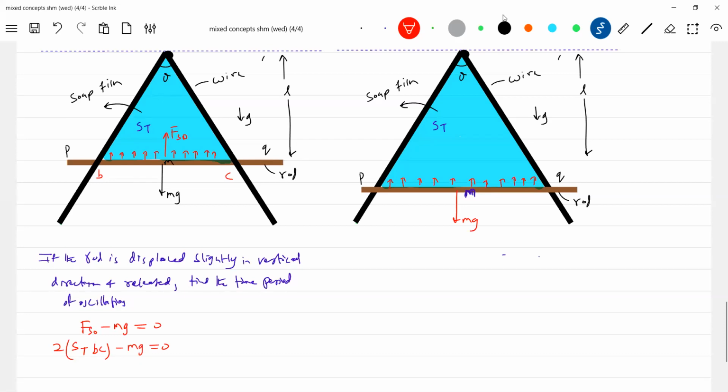Or I'll write L naught, or length x naught. Anything, let it be, no problem. I'll write x naught so that it'll be easy for you to think. Now, what is x naught? Do we know x naught?